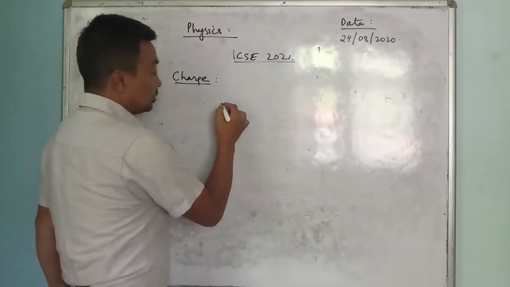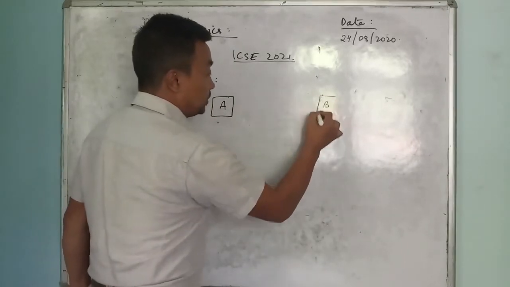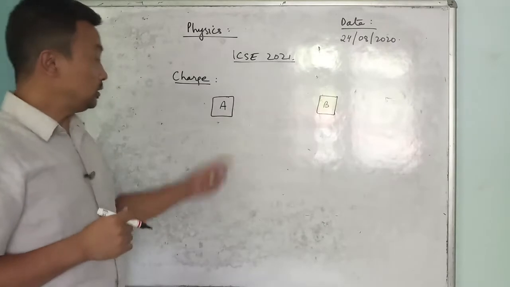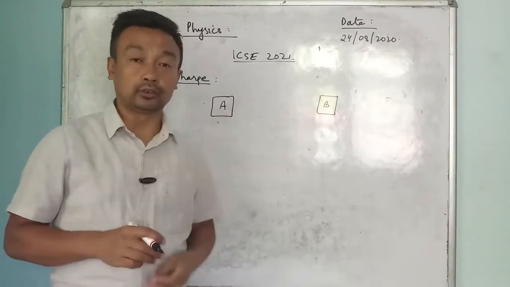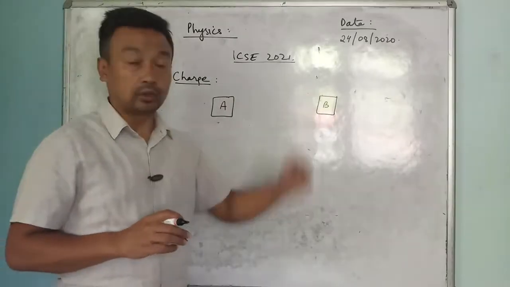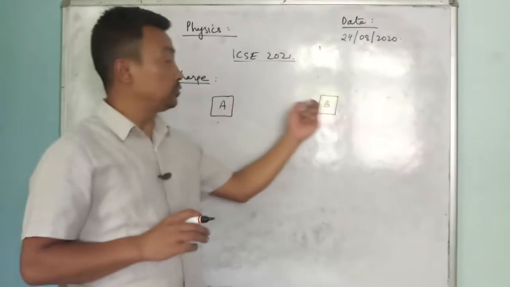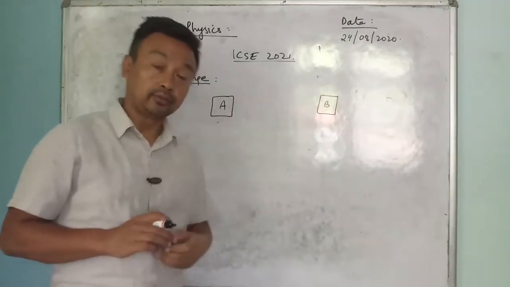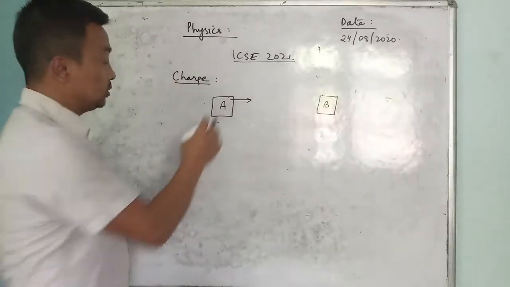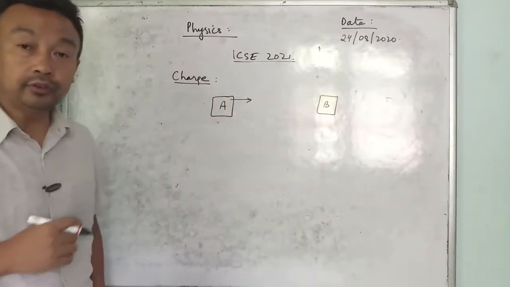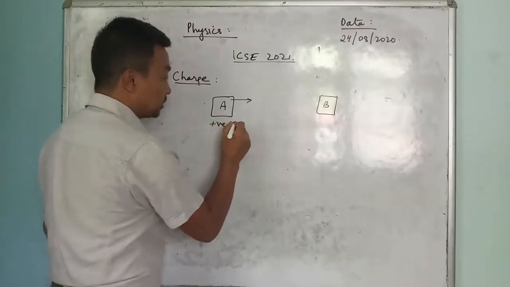Let us take body A and body B. Now when these two bodies are in contact or rubbed together, there will be a transfer of electrons. Electrons will move either from A to B or from B to A. So when these electrons move, this body will be deficient of electrons and will be positively charged.